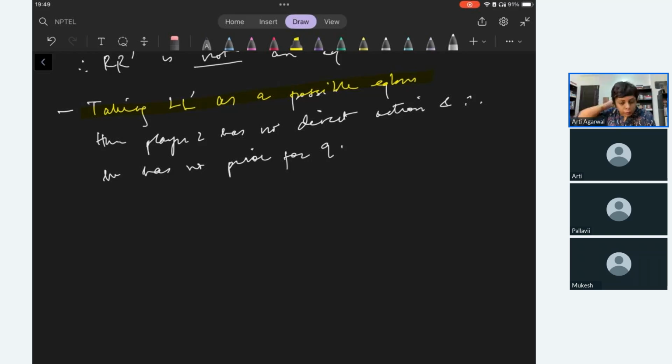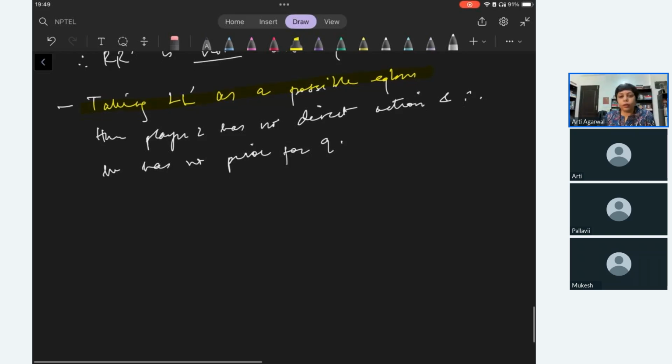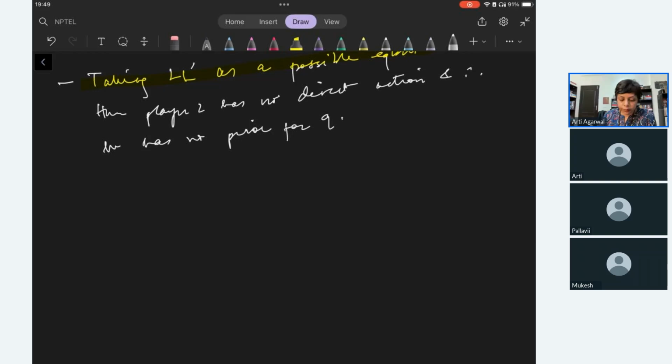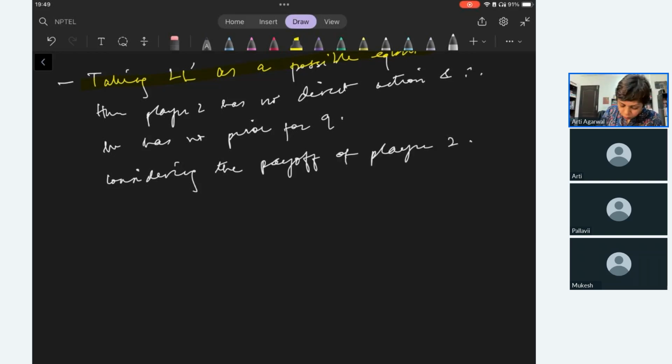Please open the diagram on your system if you can. Now let's see what happens. We are again going to calculate the payoff of player 2 like how we normally did, considering payoffs of player 2 in both the continuation games, and then we'll compare. For strategy U, his payoff is, we just calculated, 2Q plus 0 into 1 minus Q, which is equal to 2Q.